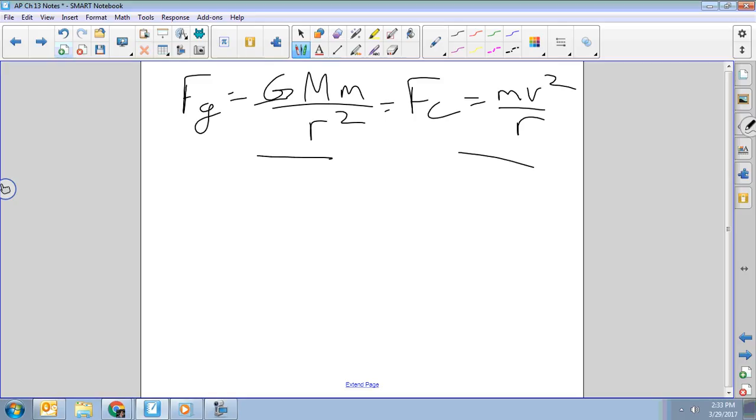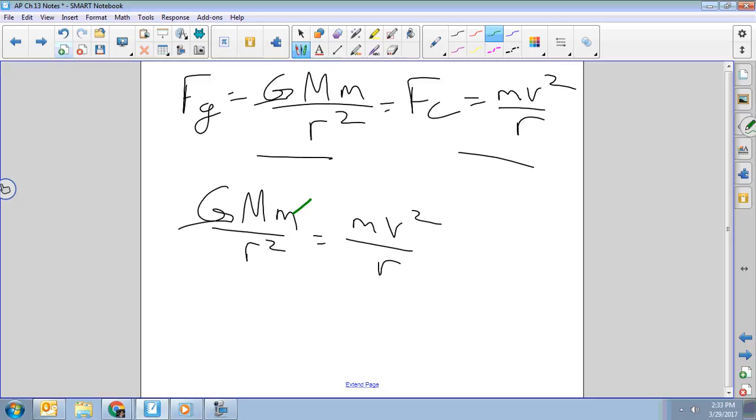Setting this equal to this, I get G times the mass of the body at the center of the orbit times m over r squared equals m times v squared over r. The first thing I notice is that the little m's cancel out. I can multiply both sides by r, and one of the r's cancel on both sides. Oh, well, that means that v squared is GM over r, right?